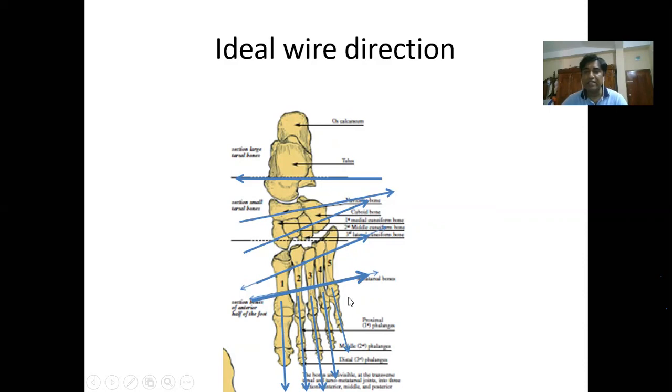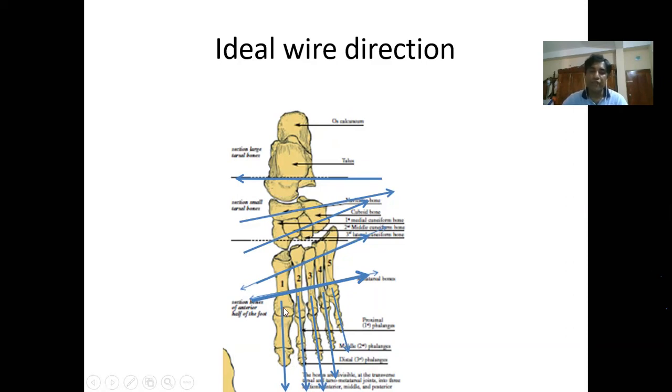And you cannot put a coronal plane wire in the forefoot, because then one base and another shaft will be in a line. So if you want to put the wire very securely, you can put it in an oblique manner. Also, the first metatarsal bone is relatively thick and short in comparison to the others. This type of anatomical consideration you should keep in mind during the wire fixation. So these are the ideal directions in a nutshell to fix the foot.